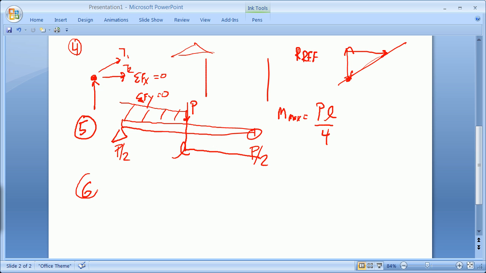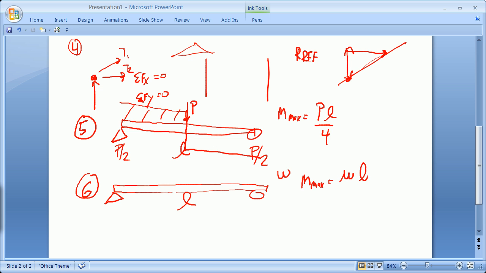Number 6, a uniformly loaded beam, something under self-weight, of span L and load w per foot. We know that the maximum moment equals little w times L squared over 8.